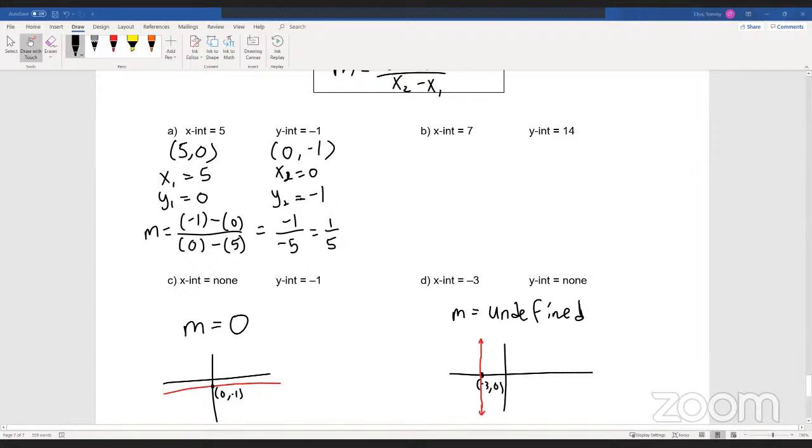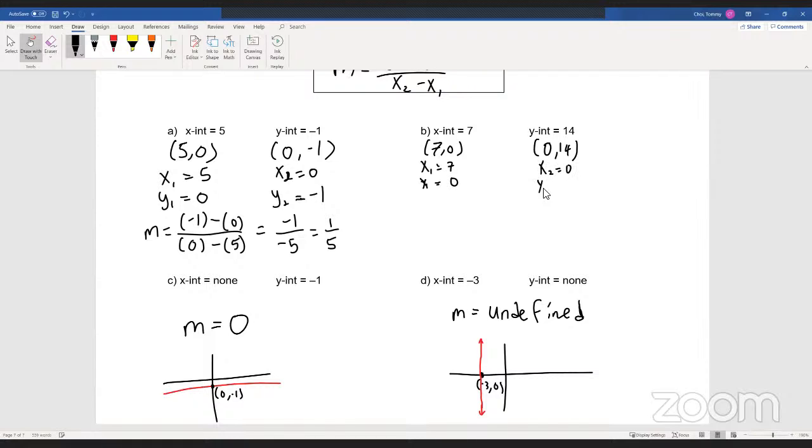I know that was a lot shorter because time. But let's do this. So x equals -7. That's 7, 0. For y-intercept 14, that's 0, 14. So x1 equals 7, y1 equals 0, x2 equals 0, y2 equals 14.